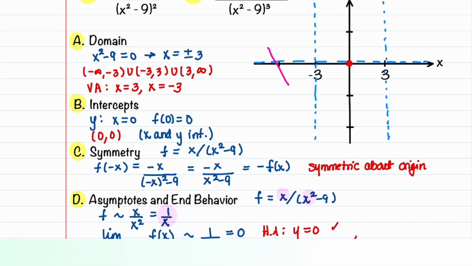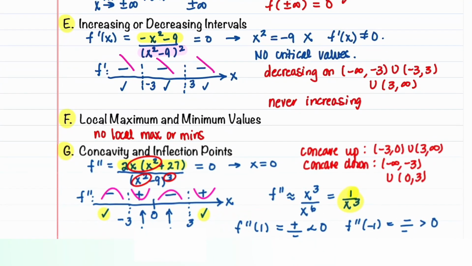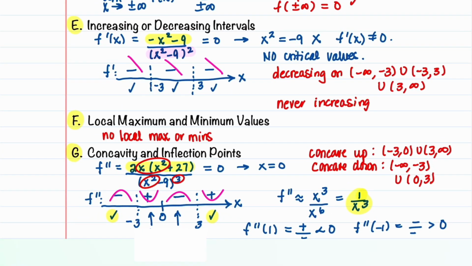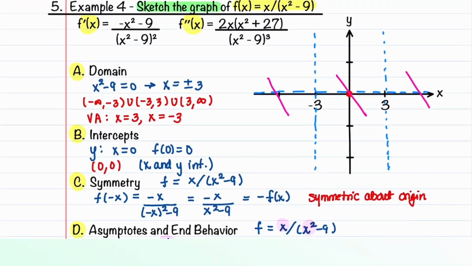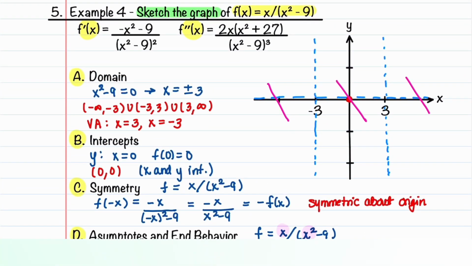It's decreasing, decreasing, decreasing. We'll erase that when we get done. And now let's look at concavity. It is concave up between -3 and 0 and 3 to infinity. So we're looking at concave up here, and then concave down here and here.